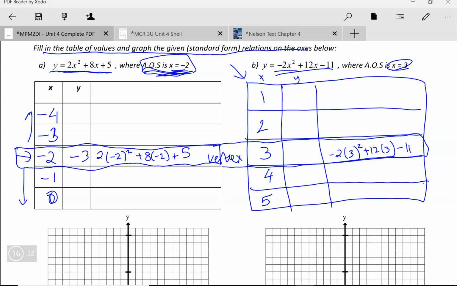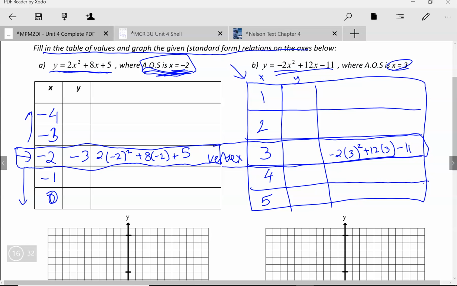So we're just going to go ahead and do the table form, I think.